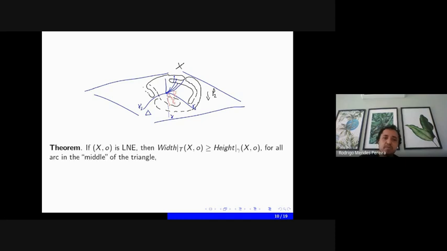So one criterion is basically a consequence of the linear criterion. If X is Lipschitz normally embedded, then this width is necessarily greater than or equal to the height, for all arcs in the middle of the triangle.